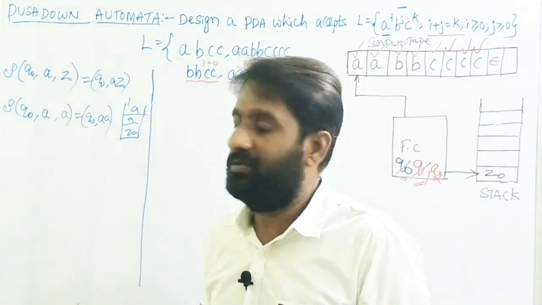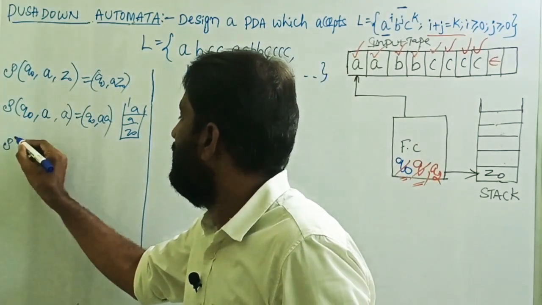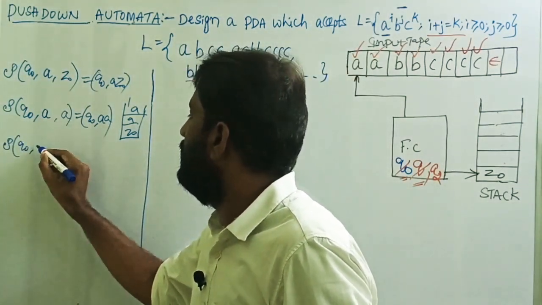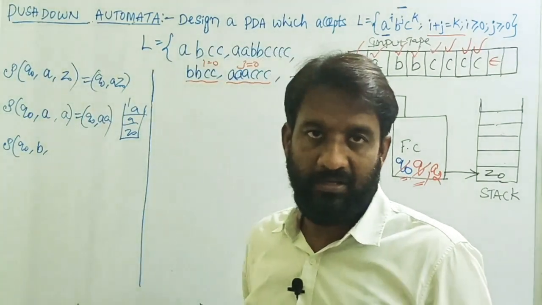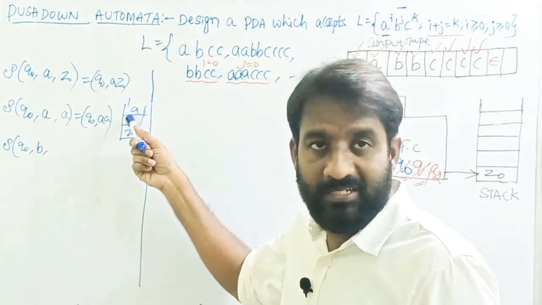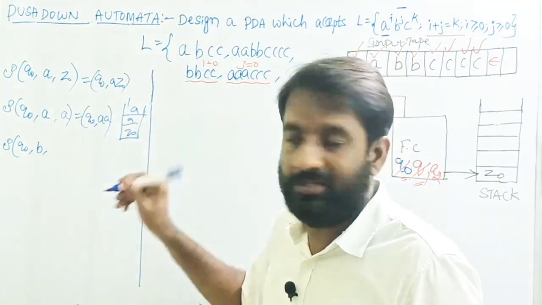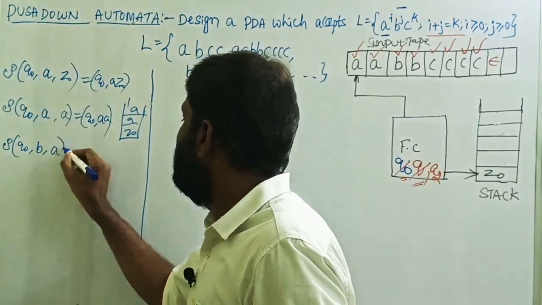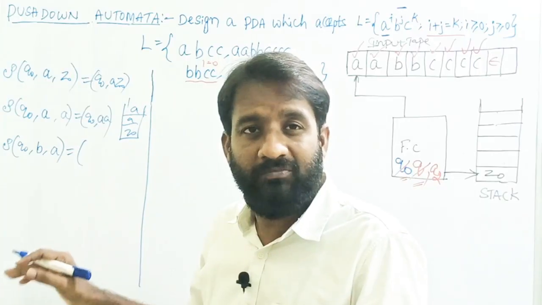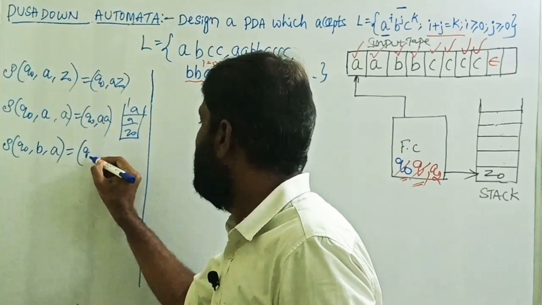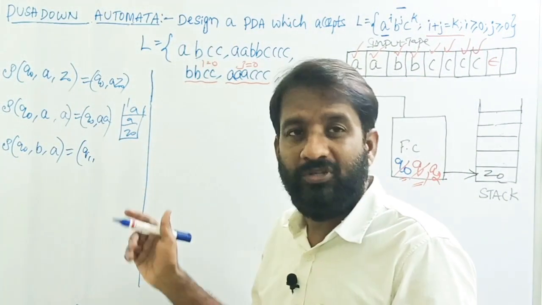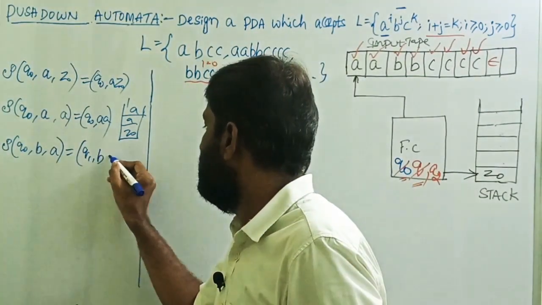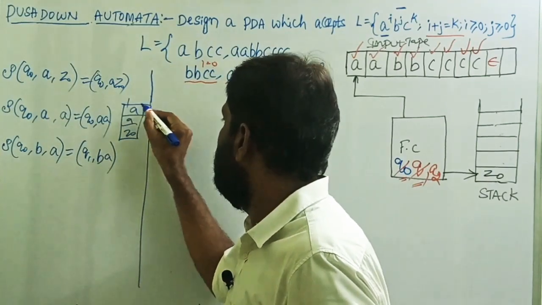Now B's have started. So the transition of Q0, input symbol is B. Then definitely the top of the stack is A only, not Z0. So A equals changing state from Q0 to Q1 by adding B onto the stack. So it is B A. So what we added, B is added.